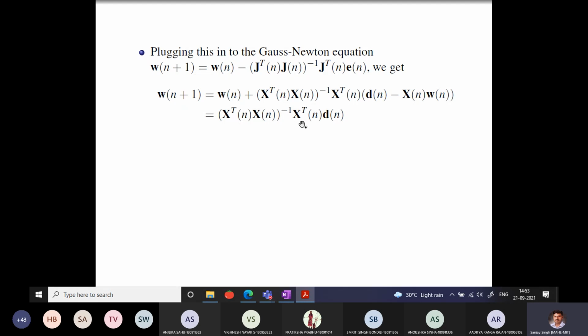So it has got one beautiful observation now. Directly we can say that W n plus 1 is nothing but this, and you remember that I talked about this A transpose A inverse A transpose. I said that this is nothing but the pseudo inverse. If you remember the first class in linear algebra, while reviewing linear algebra, I said that there is something called the pseudo inverse, sometimes also called the Moore-Penrose inverse. And why does this pseudo inverse come into the picture? Because in real life, you will not be getting matrices which are always square.